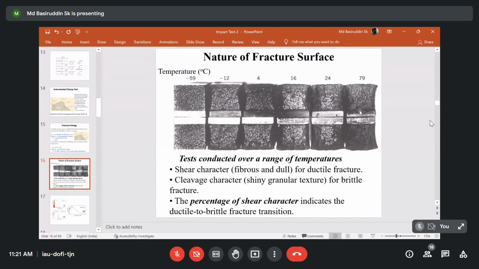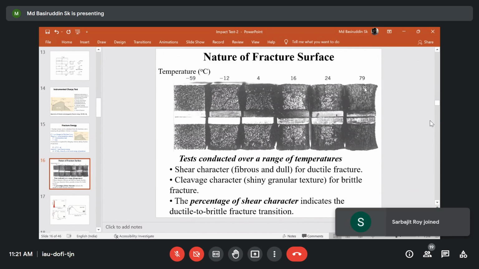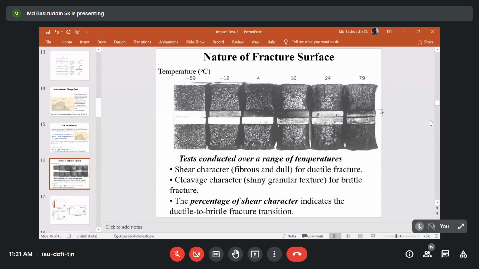You can also indirectly characterize these things. At the tip of the notch, whatever length is there, at the farther end you will find the length has increased. So people also indirectly calculate the impact energy capacity by measuring the change in length at these two positions.